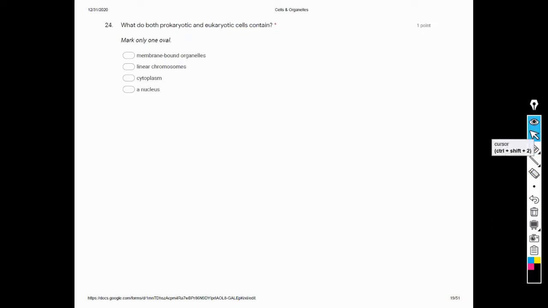Number 24. What do both prokaryotic and eukaryotic cells contain? So we made that list earlier of things that all cells have, and cytoplasm fell within that category. Again, a nucleus, those are eukaryotes, not prokaryotes.